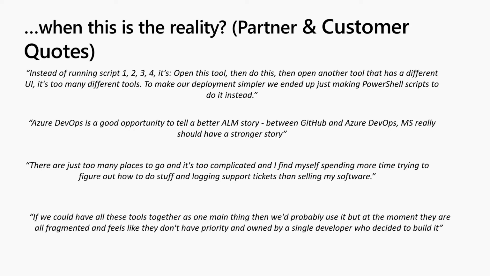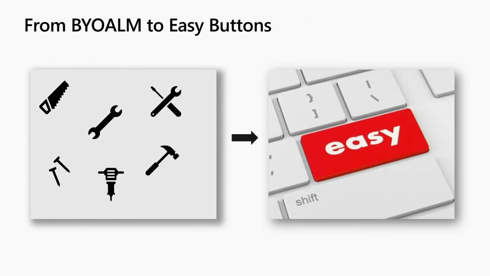So if nothing else, we're aware of that, and we're working super hard on fixing it, because what we want to get to is to go from, I call it, build your own ALM to easy buttons. Really just want to make it simple. And phase 1 of what we're doing on that is that we're going to make it really, really easy to do your ALM through Azure DevOps.